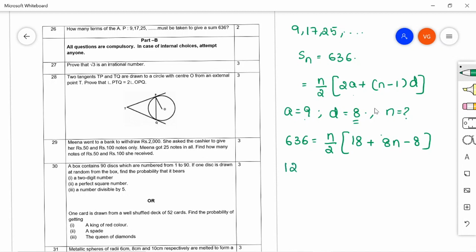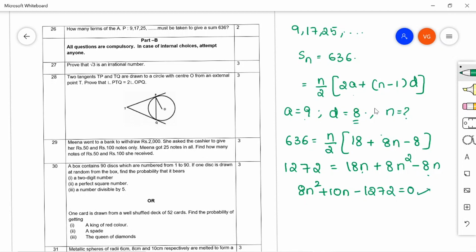This you will get as 1272 is equal to 18n plus 8n square minus 8n. So this will be 8n square plus 18n minus 8n. So that will be plus 10n. And this comes to the other side, it will be minus 1272 is equal to 0.